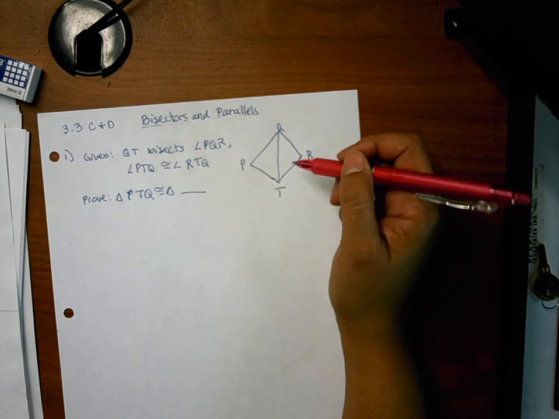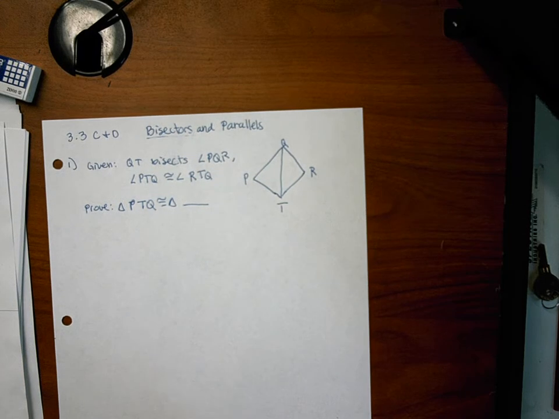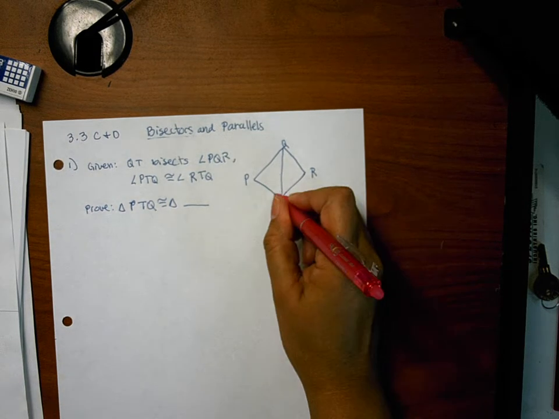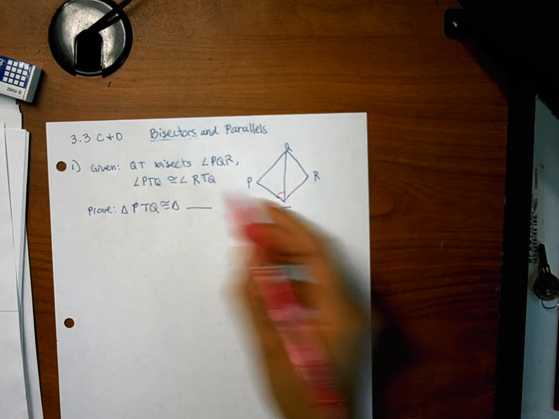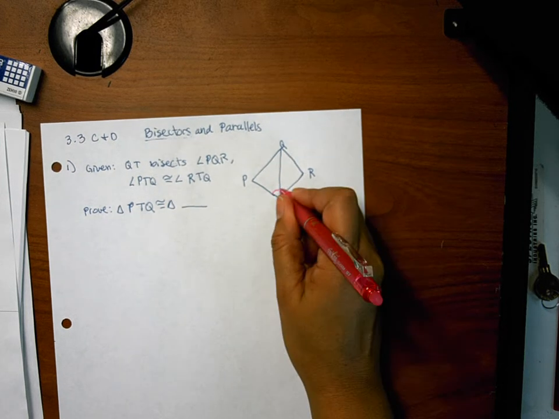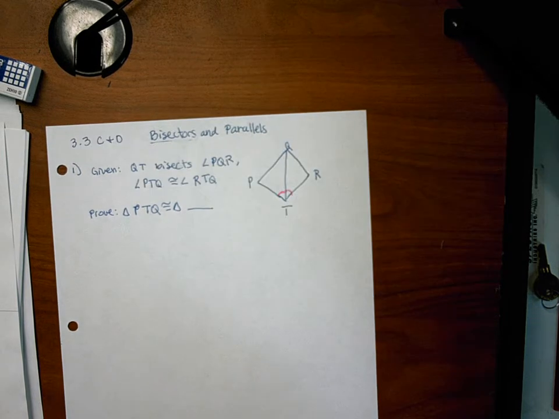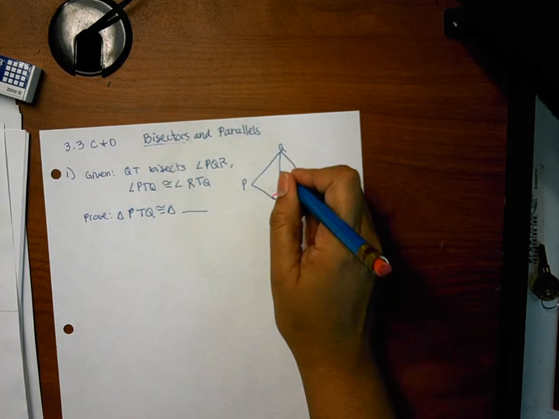Given information: QT bisects angle PQR. I'm not going to mark that because it just bisects. Angle PTQ, that's this angle right here because T is the vertex, is congruent to RTQ. So these two angles are congruent.